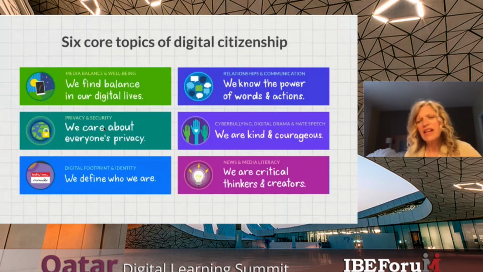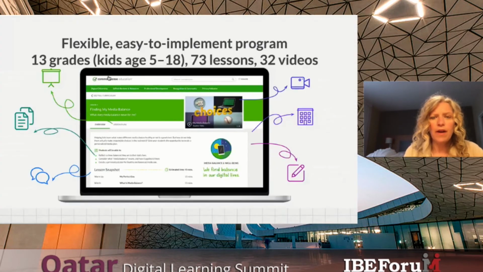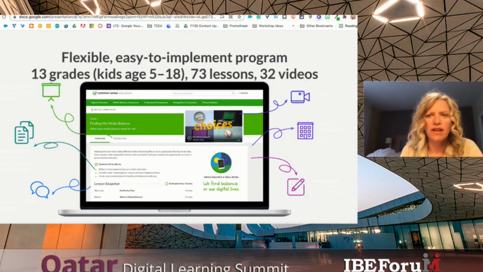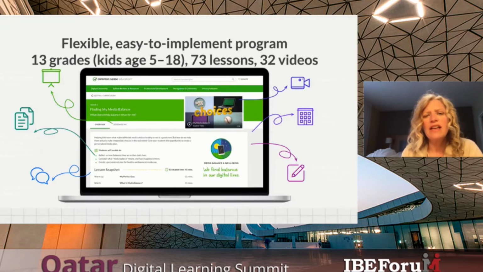But like I said earlier, there's 6 core topics of digital citizenship, and there are lessons for each of these. Let me talk a little bit more about this, and then if I have time, I'll go to the actual website. What's nice about this is that the lessons are flexible and easy to implement. They are for kids ages 5 through 18.